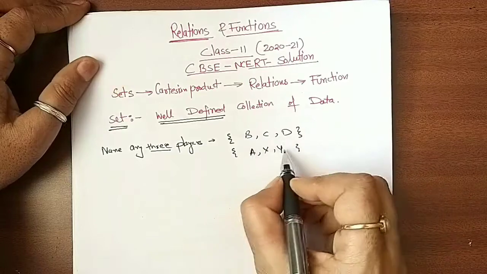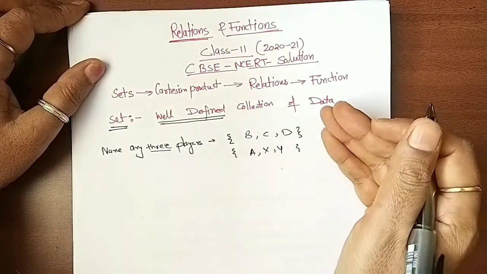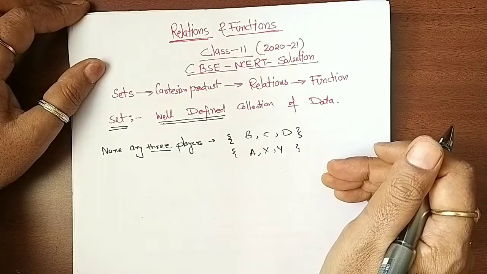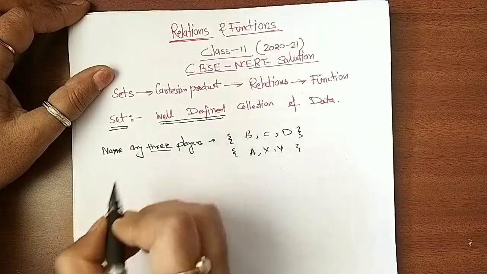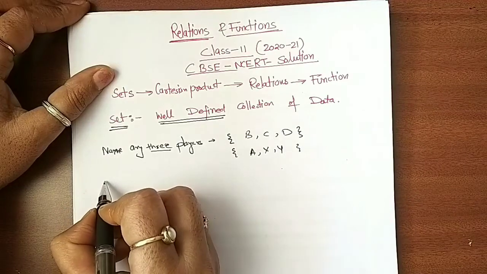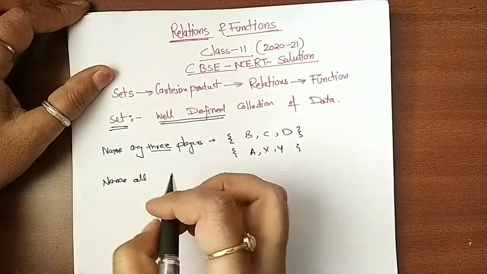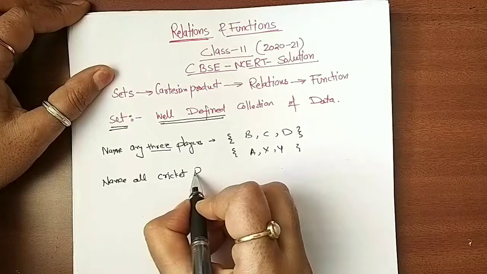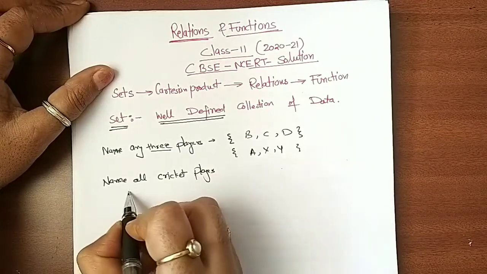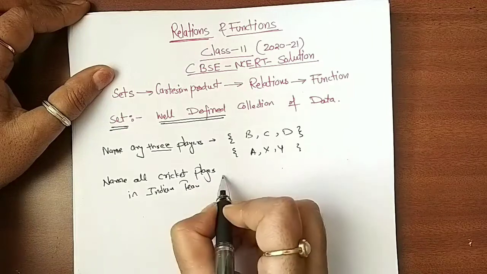This is also a collection of three players, but it's not well defined because everybody will answer in a different way. Well defined means if I say name all cricket players in the Indian team, so it's a well defined data.